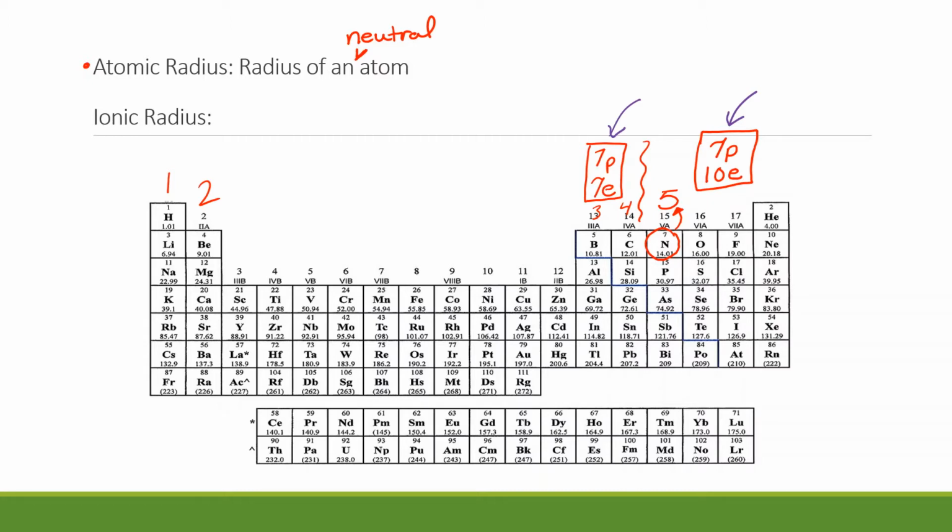So the ionic radius is the radius of ions. The atomic radius is the radius of neutral atoms. And remember, you can always figure out what charge an atom will have by thinking about how many electrons it either wants to gain or lose to get to 8.